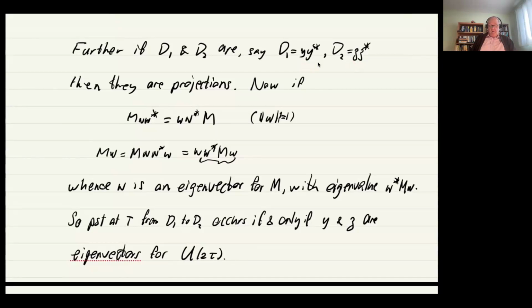Now, I've written out a proof for the case that we care about. If M commutes with W W star, then multiply this on the left by W, then W star W is 1, so I get M W is equal to this.